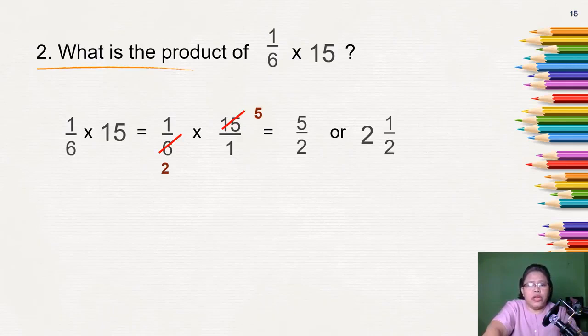So, 2 and 1/2. Yun lang ang sagot. Diba? And then, subukan natin yung 3, 4, and 5 na walang explanation. Okay? Sige. And then, pwede nyo i-pause kung hindi pa tapos yung pagsosolve nyo. Alright? So, answer pala natin dito is 2 and 1/2.